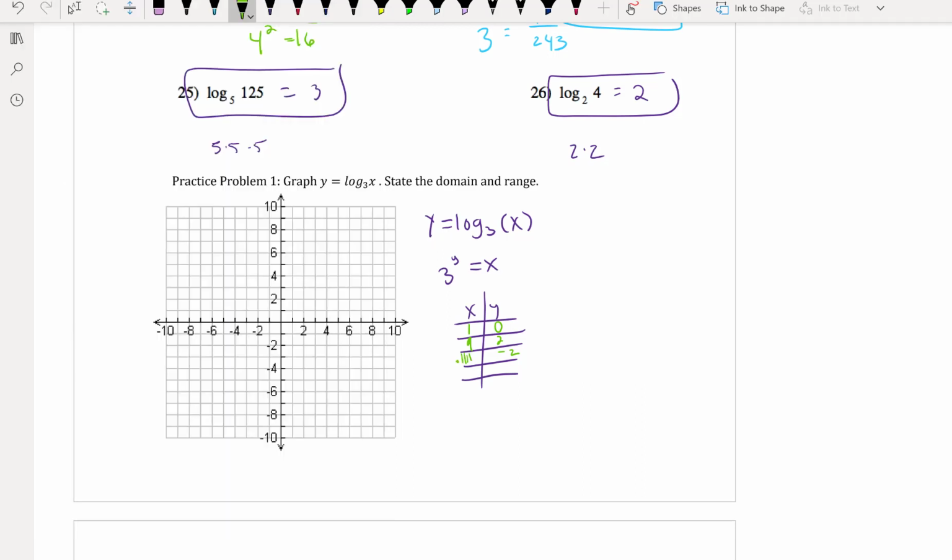So now I have some values that I can plug in. So I have 1, 0. I have 9, 2. And I have 0.11111, negative 2. So that is what my graph is going to look like for my log function.